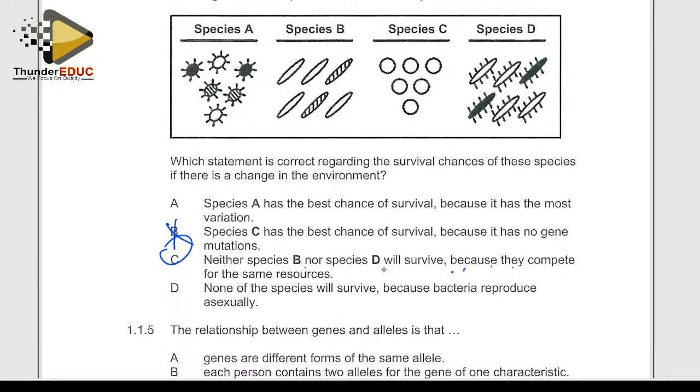Neither B nor D will survive because they compete for the same resources. What shows that they compete for the same resources? None of these species will survive because bacteria reproduce asexually? No, not really. So the most correct answer becomes A.